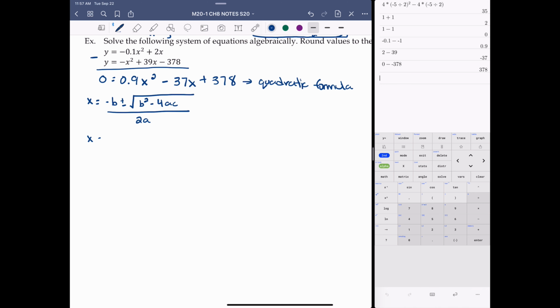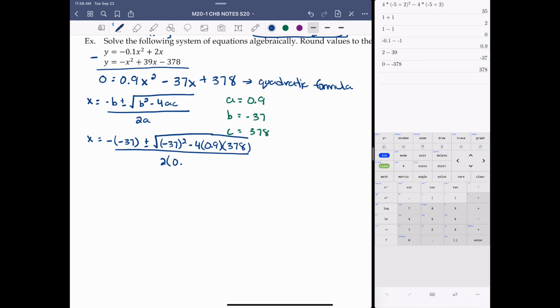Plugging in our values, a is 0.9, b is negative 37, and c is 378. Negative b, so negative 37, plus or minus the square root of negative 37 squared, minus 4 times a, which is 0.9, times c, which is 378, all divided by 2 times a, which is 0.9.